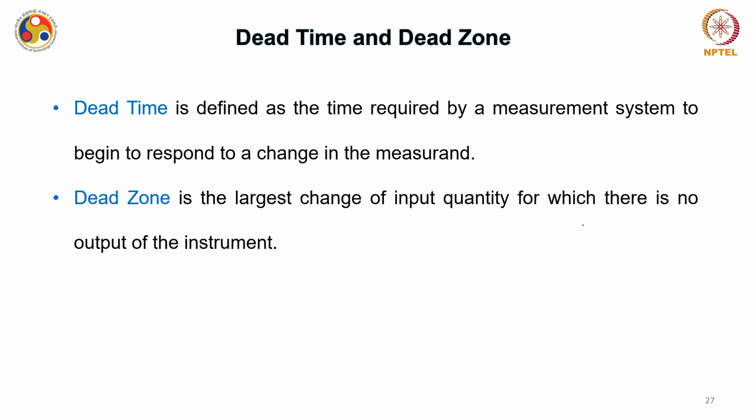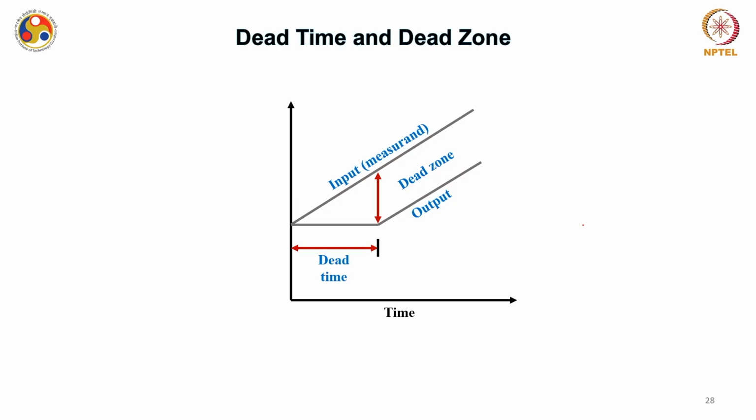Mostly this is around the zero value of the instrument. Here is one example: this was the input measurand and the output started from here. So this is the dead time, when there was no output, and this is the dead zone of the input.